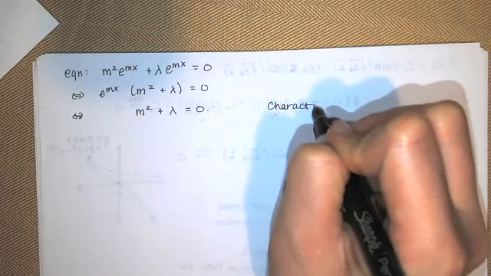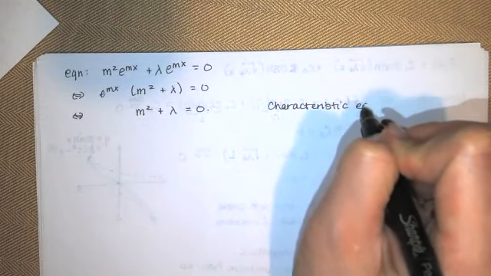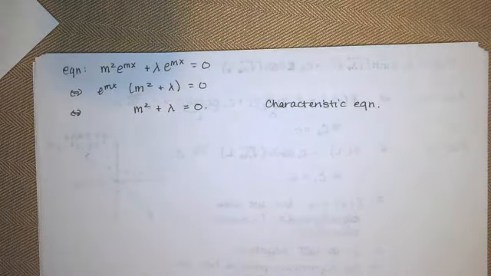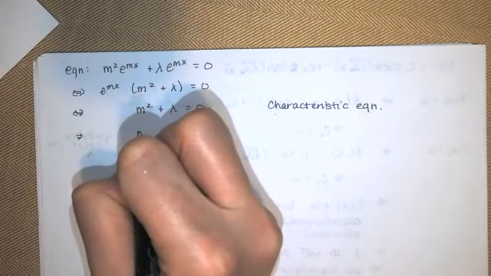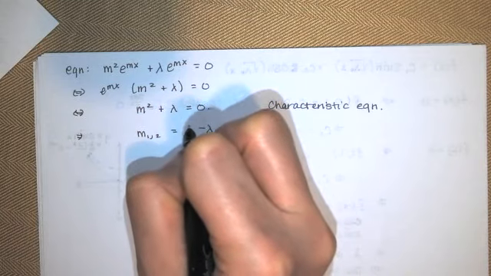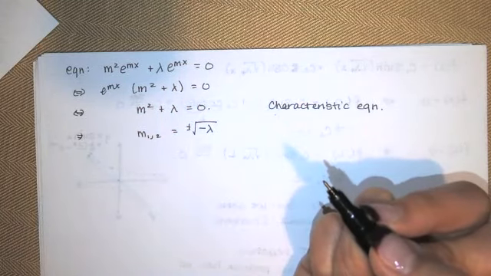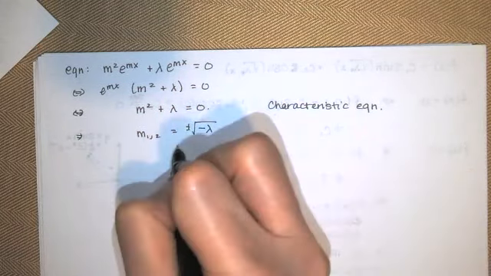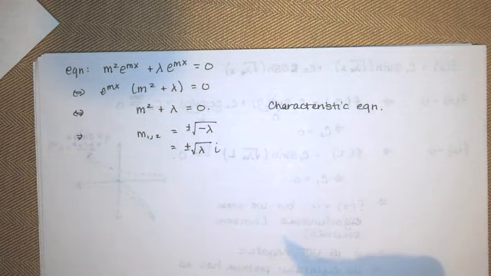Many people skip all of those steps that I've just written and just go straight from the differential equation, which is homogeneous with constant coefficients, to this characteristic equation, and then they solve the characteristic equation. I'm totally fine with you doing that, provided that you know where this comes from. Because if you are able to solve this for m, and we will by subtracting lambda from both sides, and then taking the square root, do plus or minus the square root of negative lambda. Remember, lambda is positive, so that's plus or minus the square root of lambda times i.